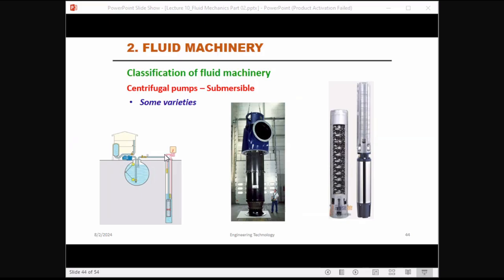Then submersible pumps, these centrifugal submersible pumps, are placed directly in the fluid. This design eliminates the need for priming and reduces the risk of cavitation.